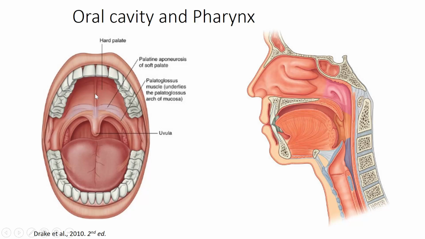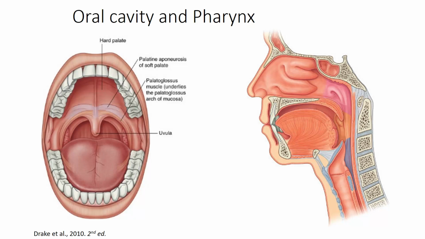This is the space posterior and medial to the superior and inferior arches. The roof will be formed by the palate, and the floor by the floor of the mouth, which is the mylohyoid muscle.